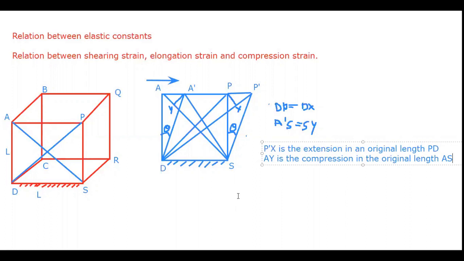Now let us find the elongation strain. The elongation strain is equal to the change in dimension to the original dimension.